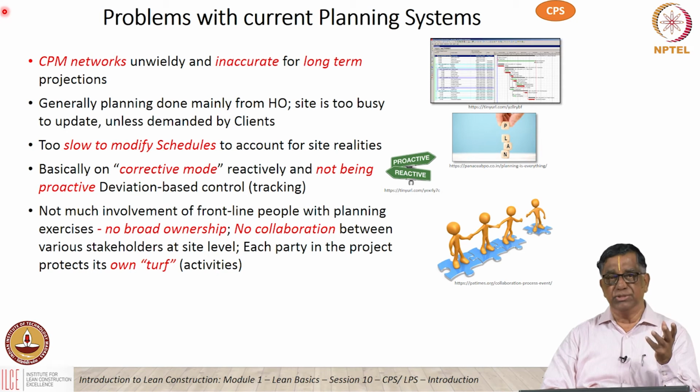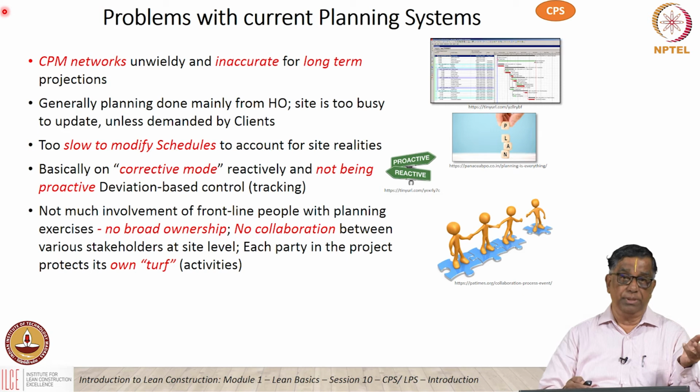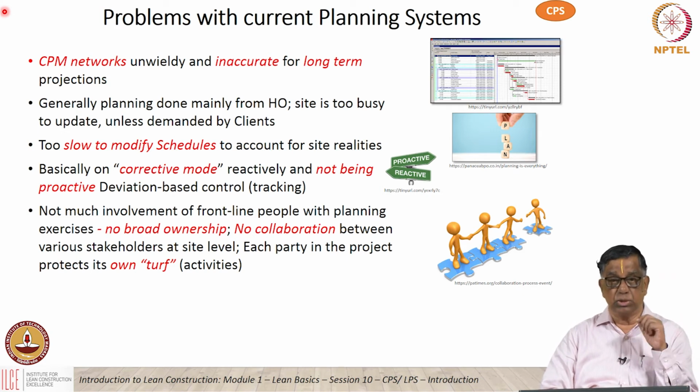So unless a client insists, we never update the schedules quite frequently. And then again the proactiveness is not possible because the schedules are too unwieldy. So we are always in a corrective mode, trying to put the blame on people and look at the targets and variances. That's how the day goes at the site.